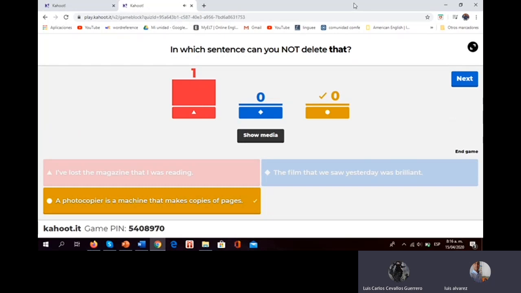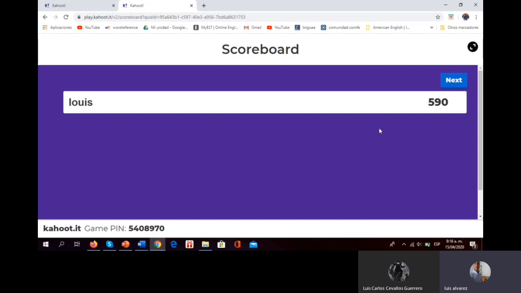A photocopier is a machine that makes copies of pages. So remember, click. So what happened? I don't know, having some mistake with the grammar. So remember, even though you don't know the answer, you need to click. If you don't remember, no problem, just click. Because the idea is that don't let the time pass, so just click on the answer.